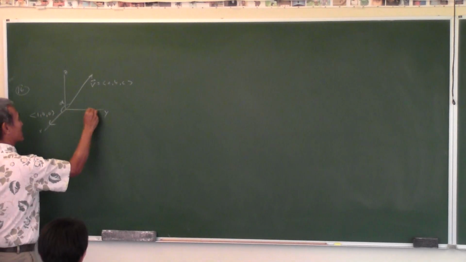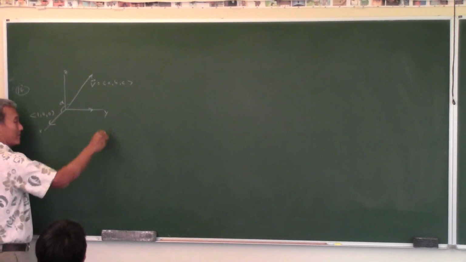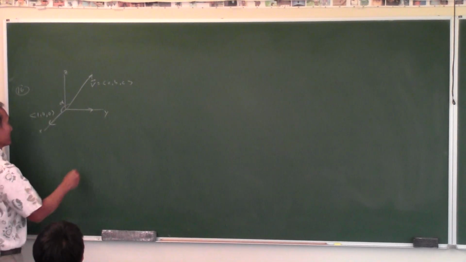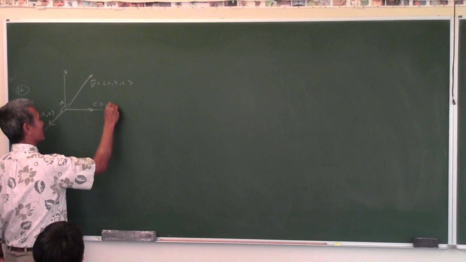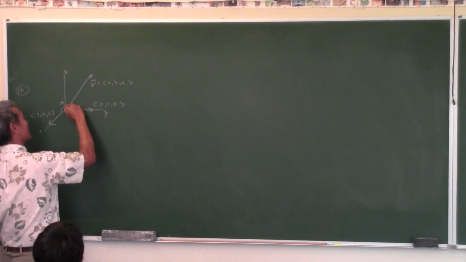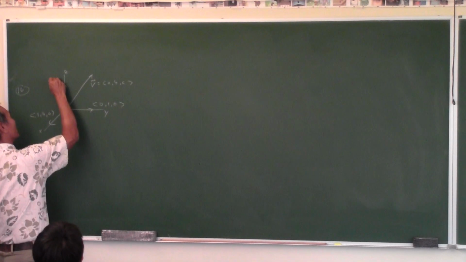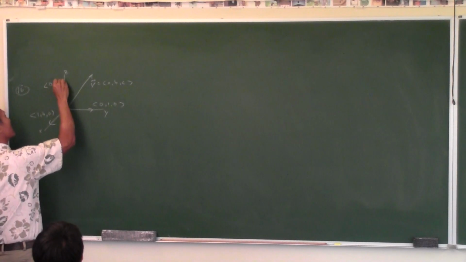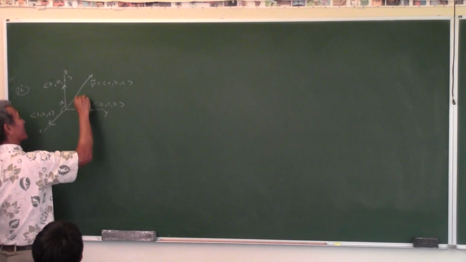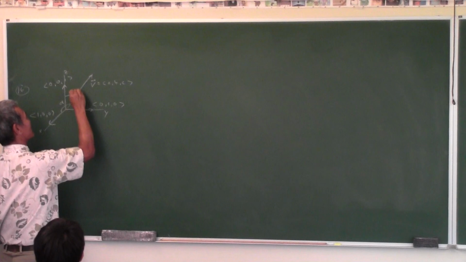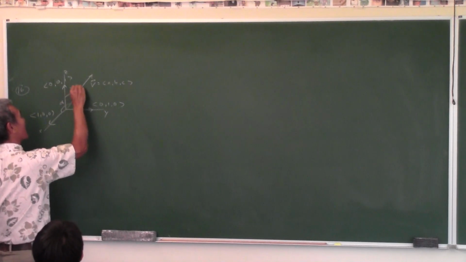Okay, and then here's the positive y-axis. Can you think of a vector that points in the positive y direction? 0, 1, 0. And then what about this one here? 0, 0, 1. And therefore this is beta, and that's gamma, correct?